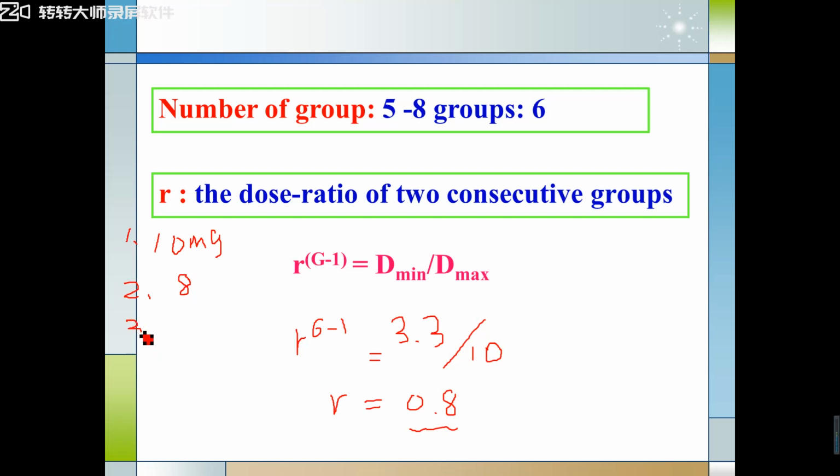And then the third group, we don't have the third group's drug dosage. And just now we said the dose ratio of two consecutive groups, and at the same ratio, we dilute the drugs. The same ratio is 0.8. So the second group at the ratio 0.8 diluted the drug, and that means the third group's drug dosage is 6.4 milligram.